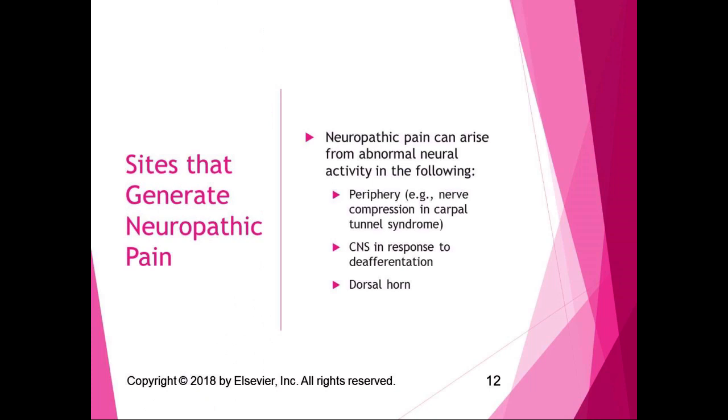So neuropathic pain can arise from abnormal neural activity in the periphery, in the central nervous system, or in the dorsal horn. So all of the different areas of our pain pathways basically can be damaged to the point where they are causing abnormal neural activity and increased pain.